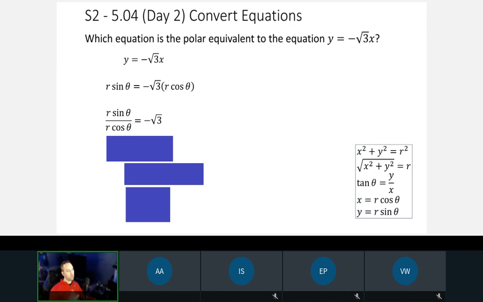So this is one way we could have done it. You could have added rad 3 r cosine theta to both sides and then solved by factoring. So that would be another approach. And then once you factored it, you set the factors equal to 0. But this is how I did it. Avoid factoring. And now what?